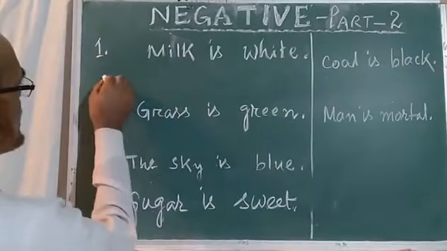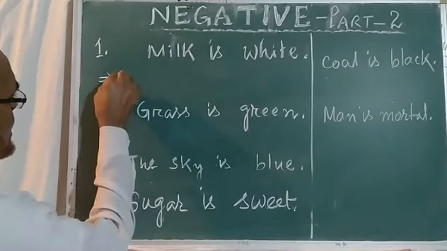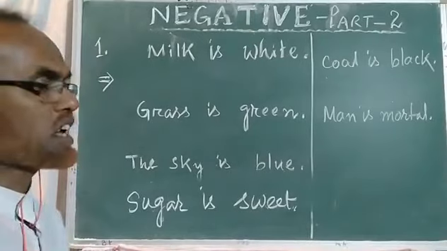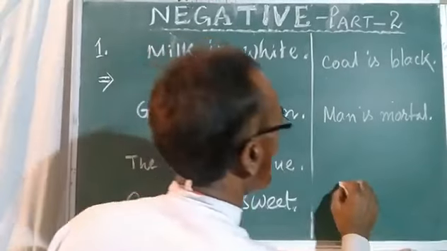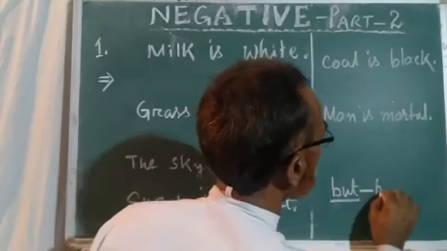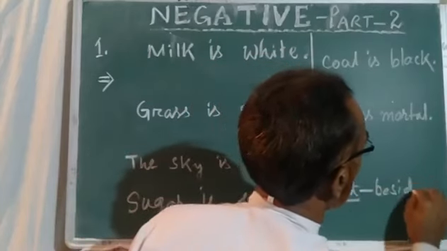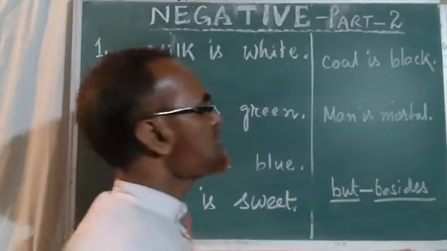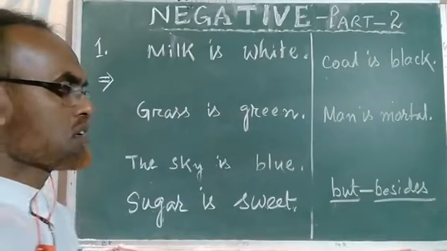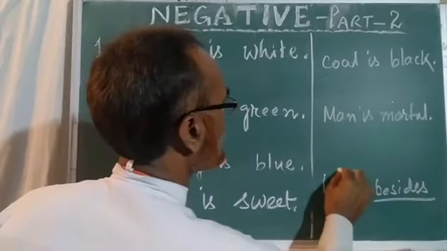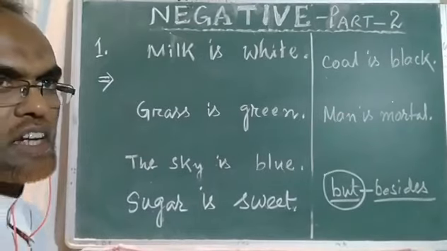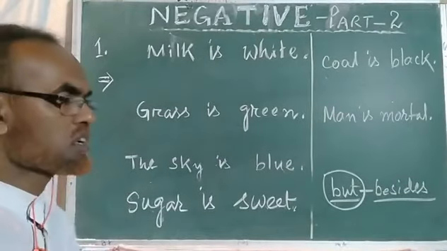If we want to turn a universal truth sentence into negative, then we have to bring a new word, that is but, which means besides. This part we have to bring to make negative of a universal truth sentence.